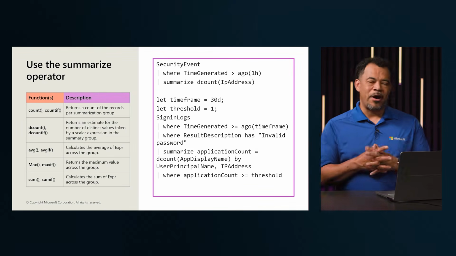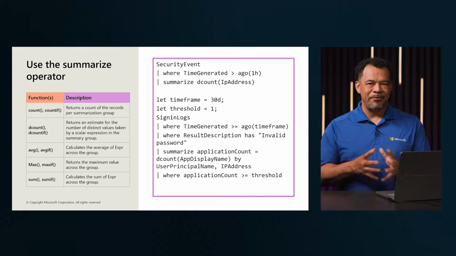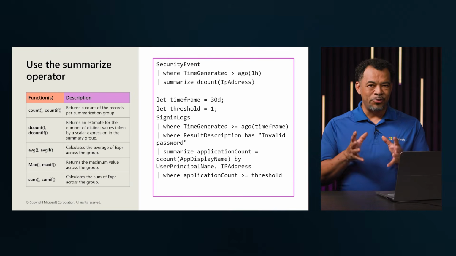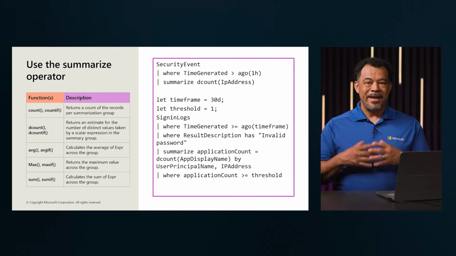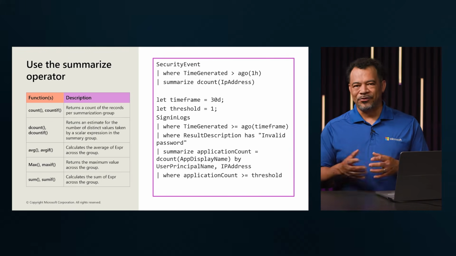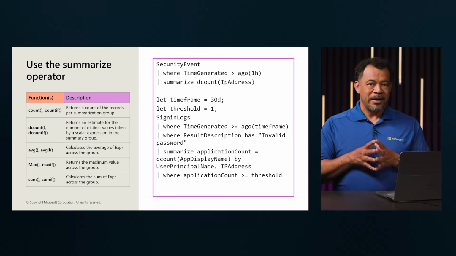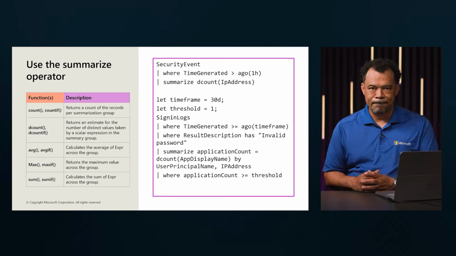So continuing on with our operator discussion, now we have the summarize operator. The summarize operator is a go-to when you want to group data and calculate things like counts or averages or maximum or minimal values, kind of like a pivot table in Excel.